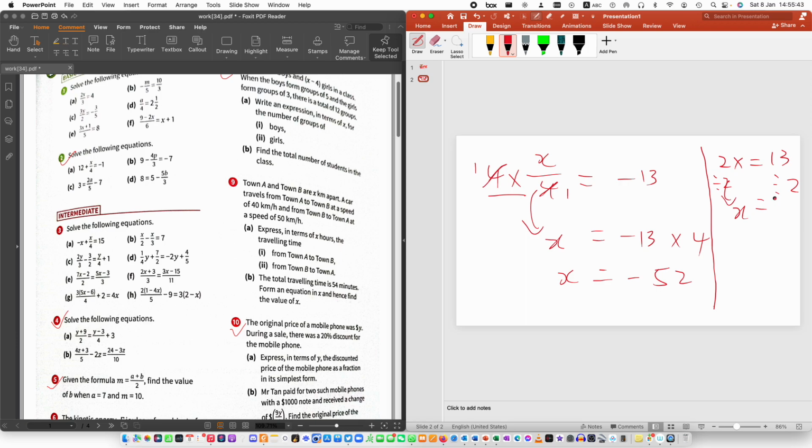So you get 13 over 2. Can you see why you divide by 2 here? Because you have a 2 with the x. But over here you have a 4 which is below, which is the denominator, so you use times. So this is one way. Let me show you another way.